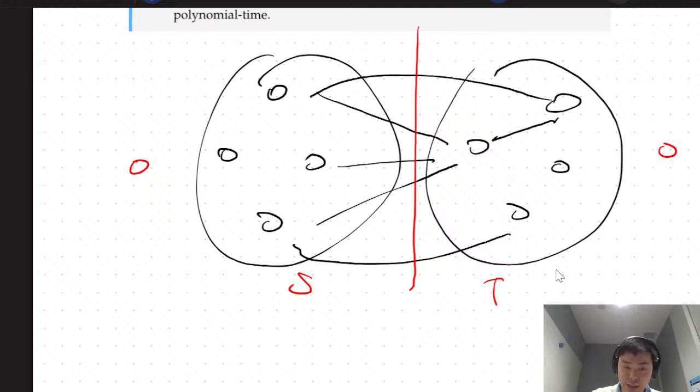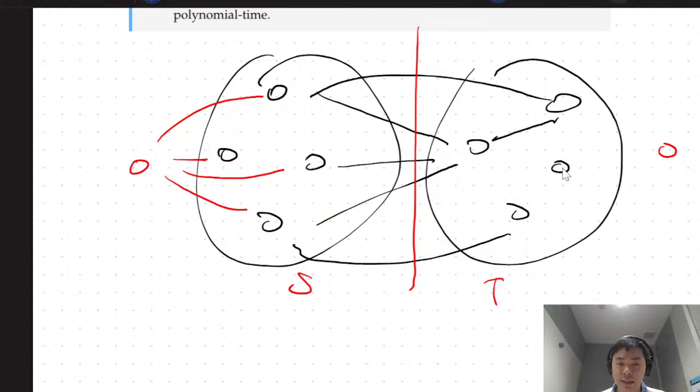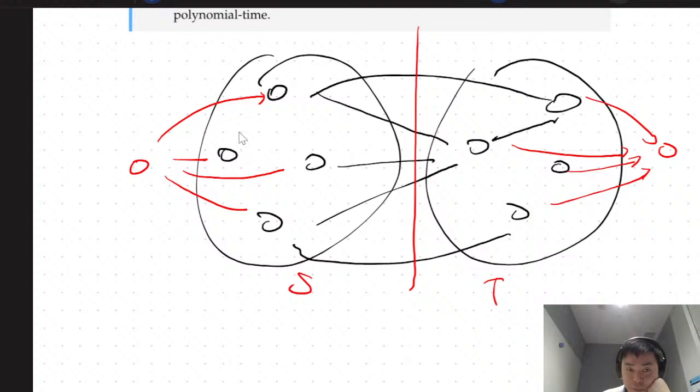So I have my supersource and supersink. Connect the supersource to all vertices in S. Okay, sure. So I have something like this, and we're also going to do the same with T. And then I'm going to orient the edges this way, and I'm going to assume all of the directions are one direction.